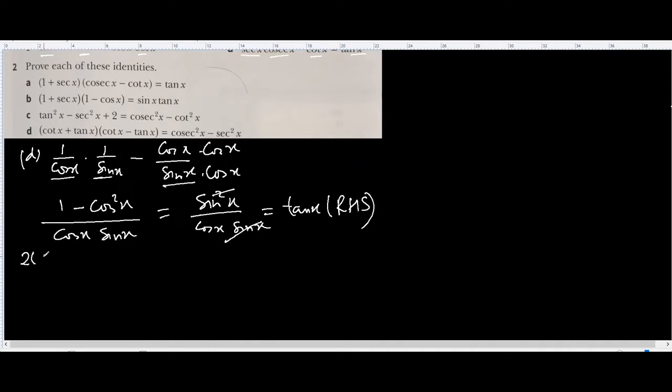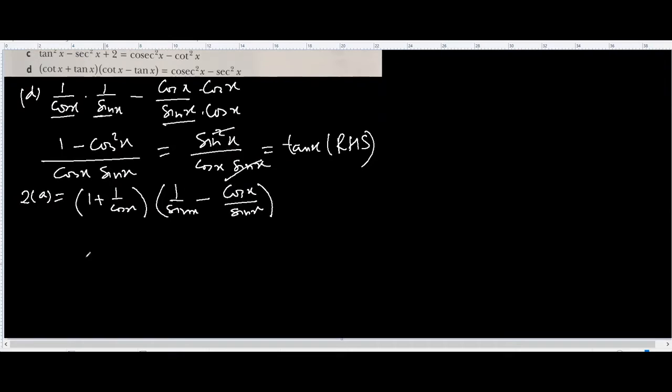Okay, let's move on to 2a now, which is 1 plus secant x, cosecant, cot, tan. So again we'll connect them with sine and cos. So LHS will become 1 plus 1 over cos x, cosecant x will be 1 over sine x, minus cot x, cos x over sine x. And we have to prove this is equal to tan x.